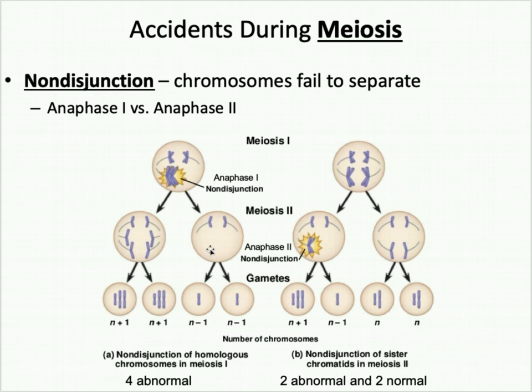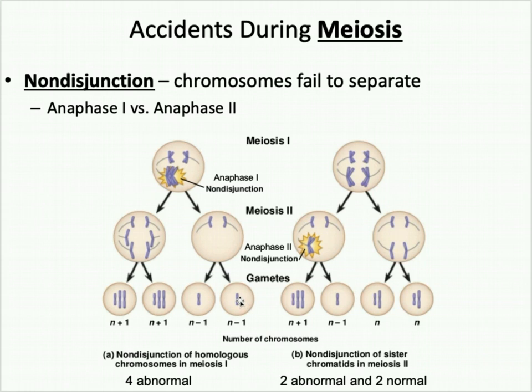So we can only give this chromosome to this haploid cell and this chromosome to this haploid cell. Each of these haploid cells is missing 1 chromosome. Remember, our N number is 23 for haploid cells, so 23 minus 1 is 22. This gamete will only have 22 chromosomes, and this gamete will only have 22 chromosomes.